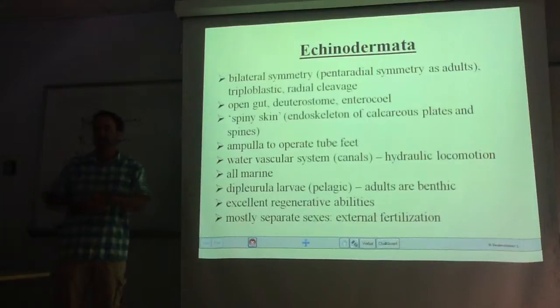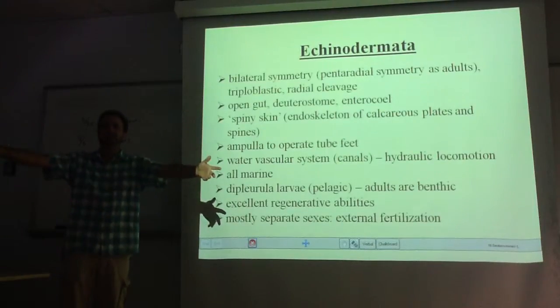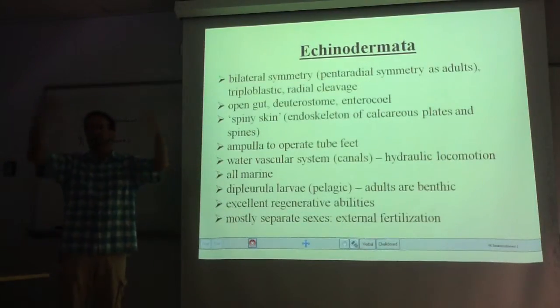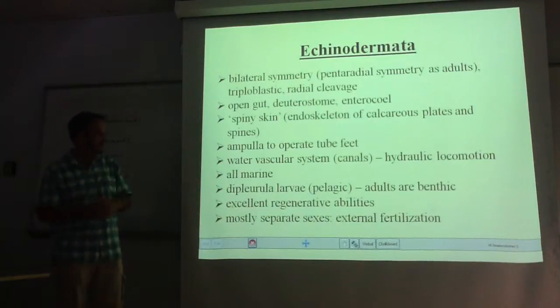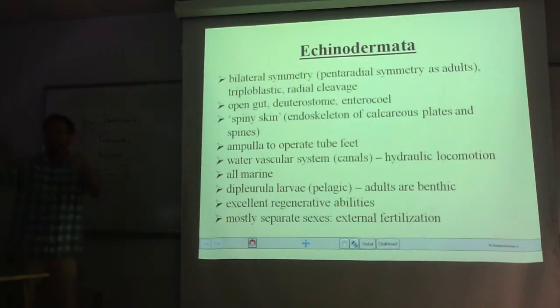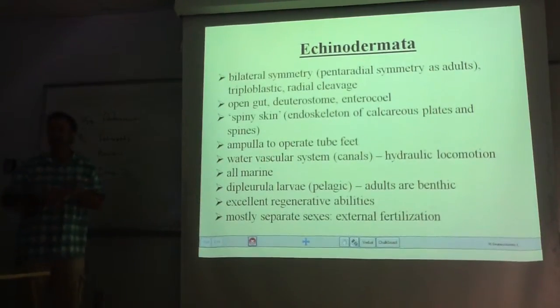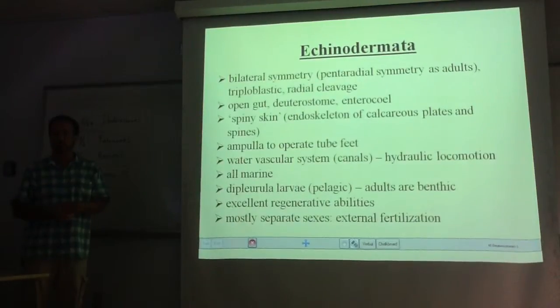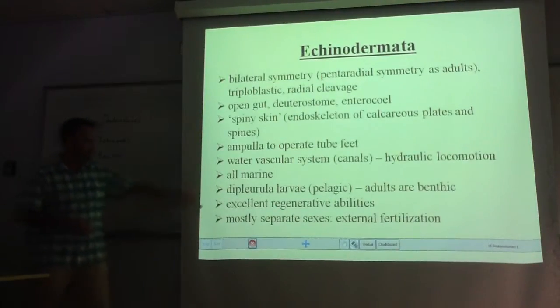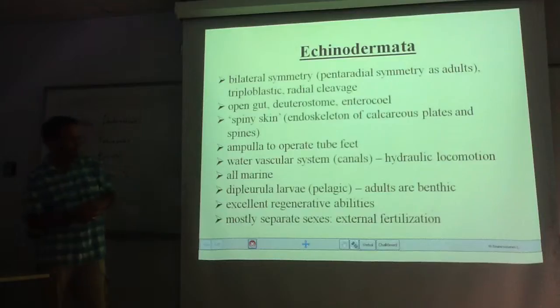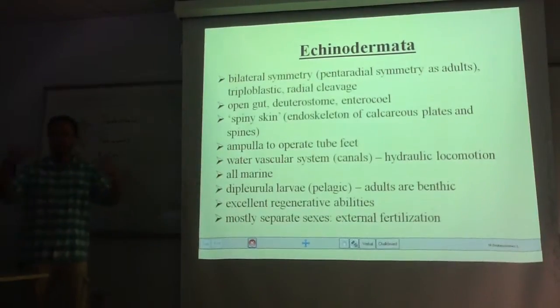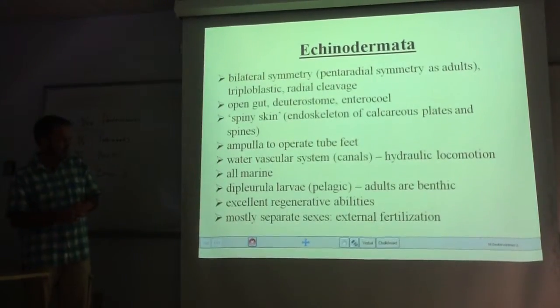When I say nauplius larva, you say brine shrimp or one of the little crustaceans, maybe barnacle or something like that. Okay, dipleurula, that's going to be your larval stage for echinoderms. There's also a later stage called a pluteus, but dipleurula would be a good one to know so that you know a larval stage for an echinoderm.